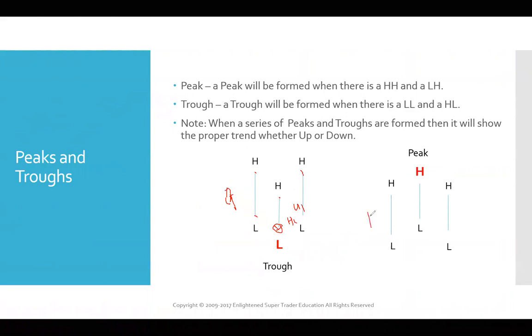Likewise, from here you have an uptrend followed by a downtrend, where you have a series of higher highs and higher lows, and then preceded by a lower high and a lower low.